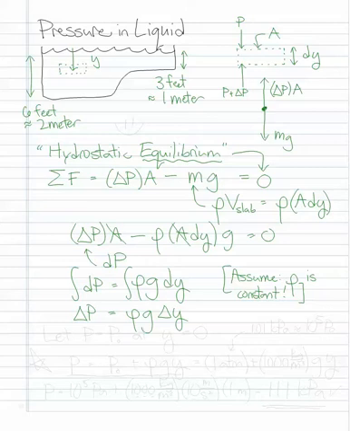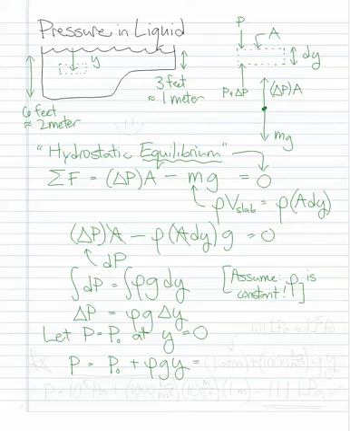An approximation. So I'll write this in the way that we usually write it. We let the pressure be equal to P naught at y equals 0, and then what you have is that the pressure is equal to P naught plus rho g y.